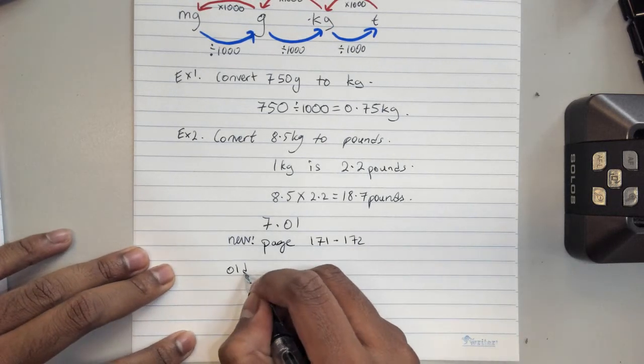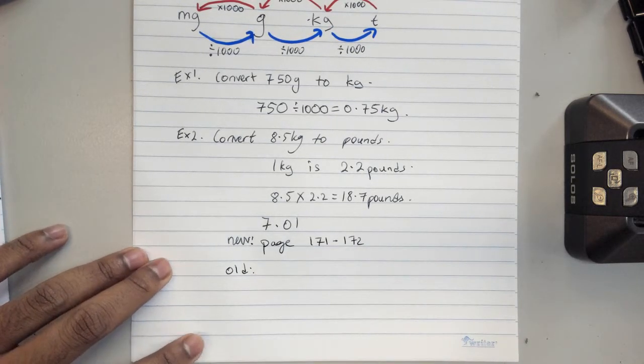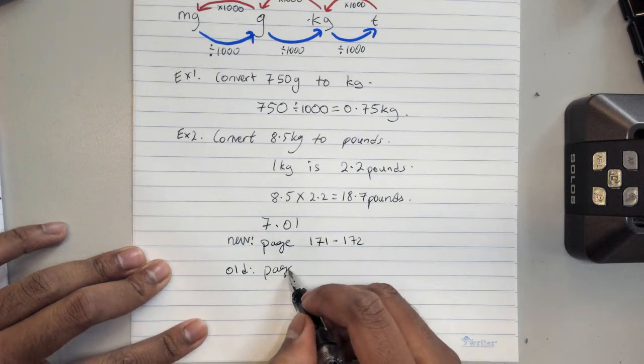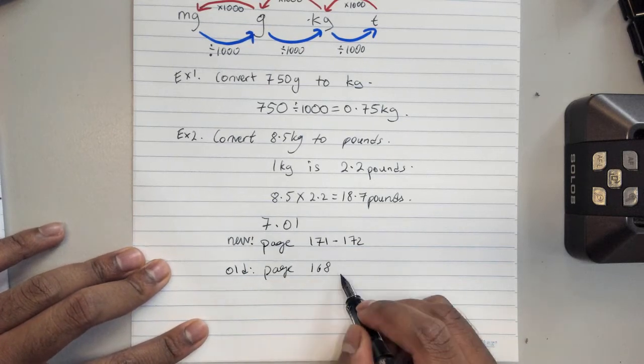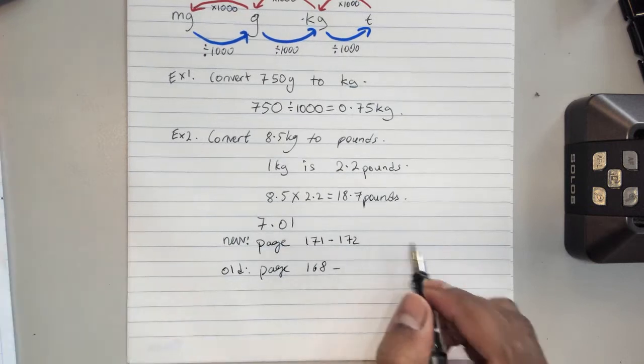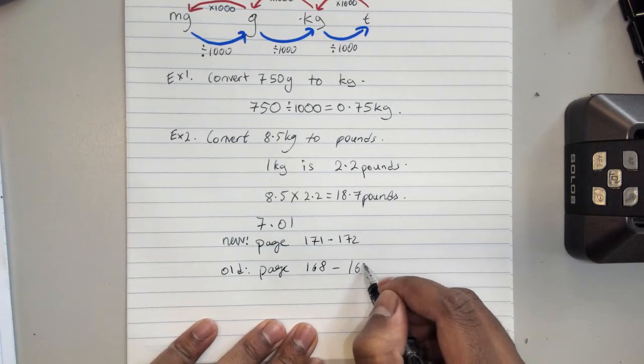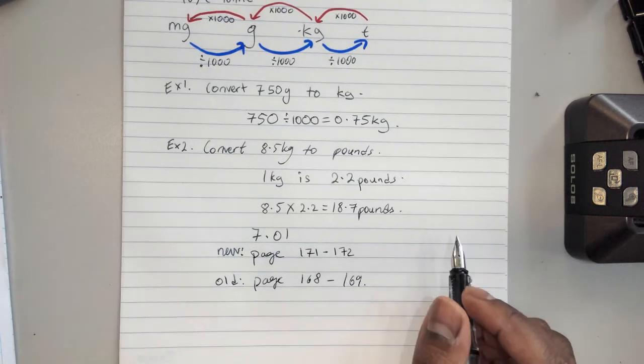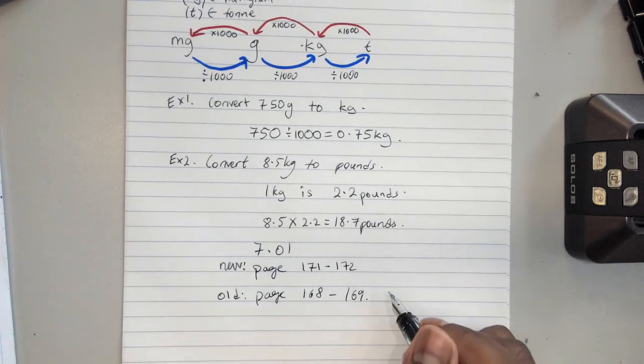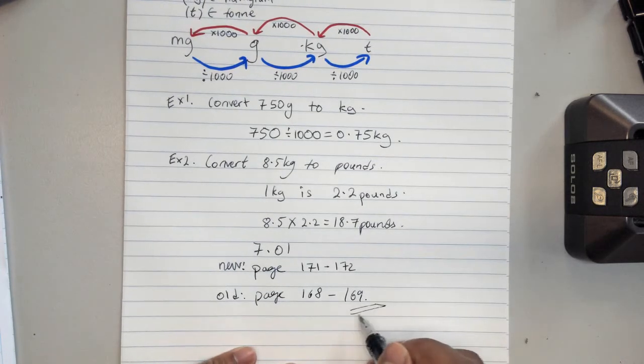For the old textbook, it's page 168 to 169. Okay, so this is all of 7.01. Now I would pause the video or maybe come back to it after you finish 7.01.